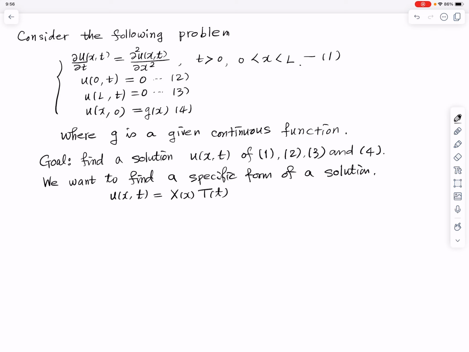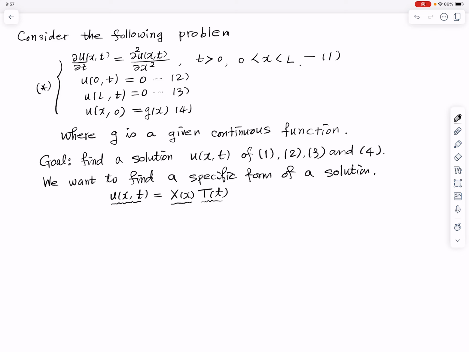Let me call this star. We look for a solution of star of the form u(x,t) = X(x)T(t). So here I separated u(x,t) into a product of two independent functions, one with variable x, the other with variable t.